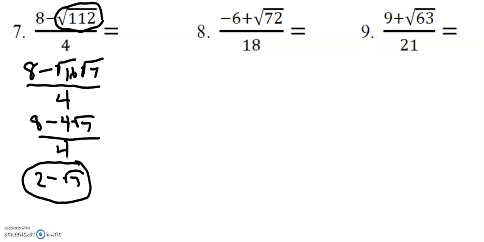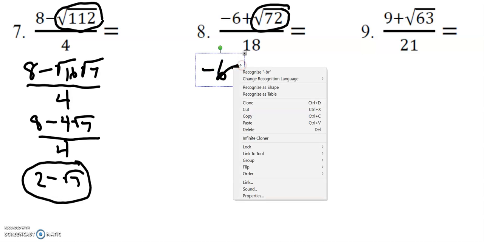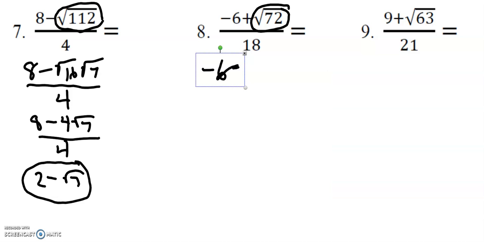Looking at number 8. Again, we want to try to simplify this root of 72. So I'm going to keep negative 6 plus, and when I square root 72, 9 is the perfect square.